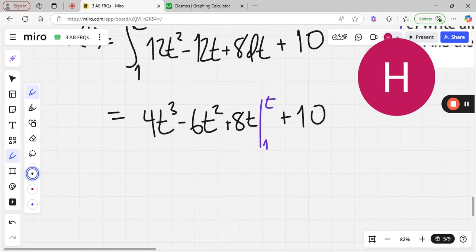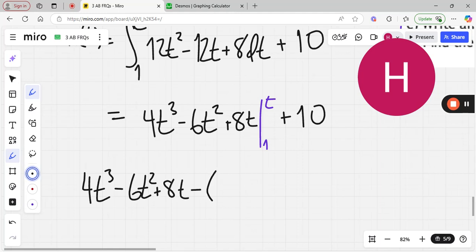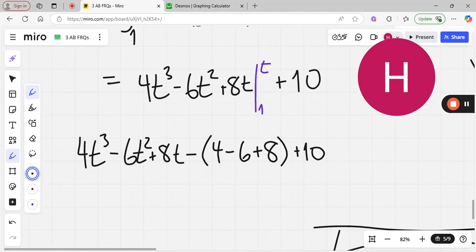So let's just be careful. Of course, if we plug in t, no surprise, it just stays virtually the same. But if we plug in 1, we've got to be a little bit careful. This is going to be 4 times 1 cubed, 4, minus 6 times 1 squared, 6, plus 8 times 1, and then plus 10.